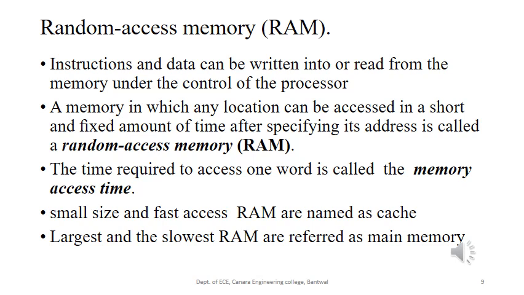In this slide we will discuss the random access memory. We know from our previous discussion that all the instructions and the data will reside in the memory. These instructions and the data present in the memory can be read and written, or moved to and from the memory under the control of the processor, particularly the control unit.